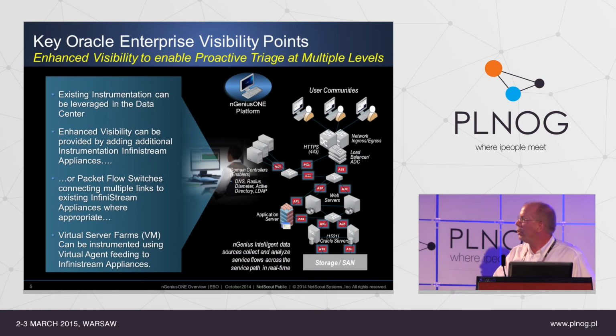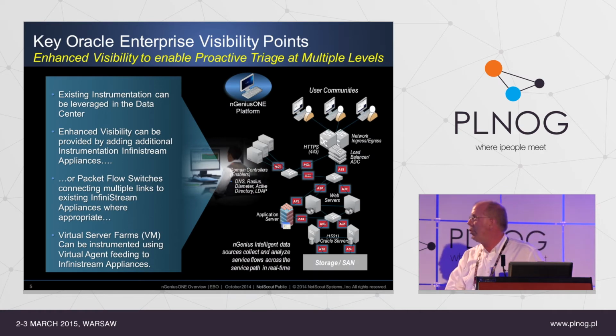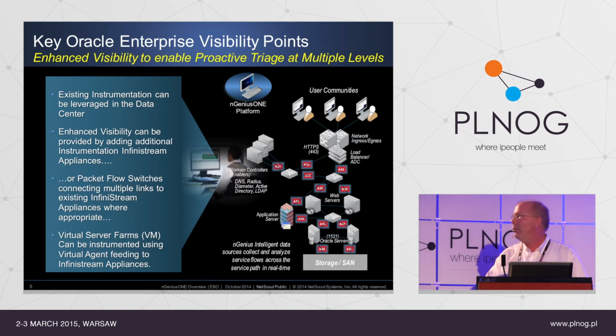So when we start looking at these multi-tier applications, we start looking at the infrastructure associated with how to capture the packets. The packets are basically the food that supplies our system with the information to determine what the potential problem is.